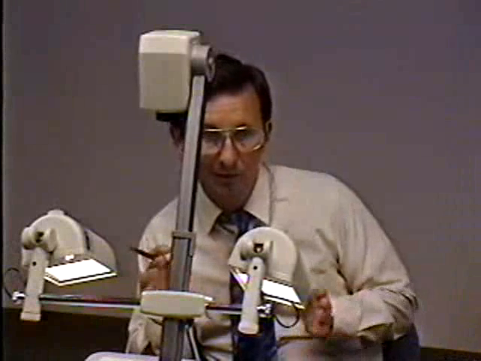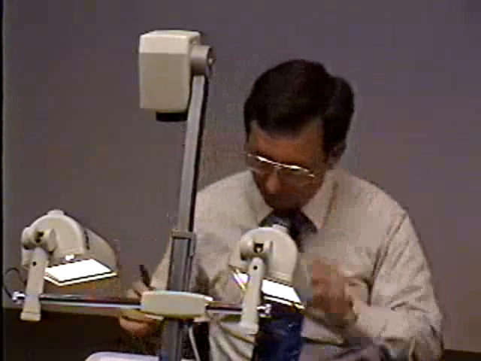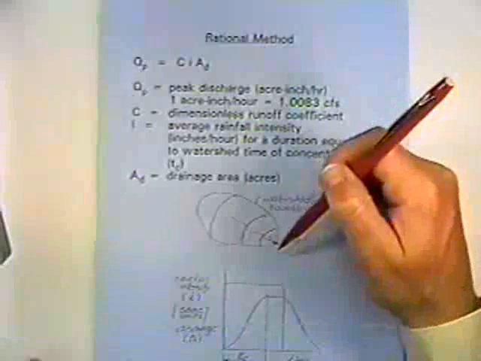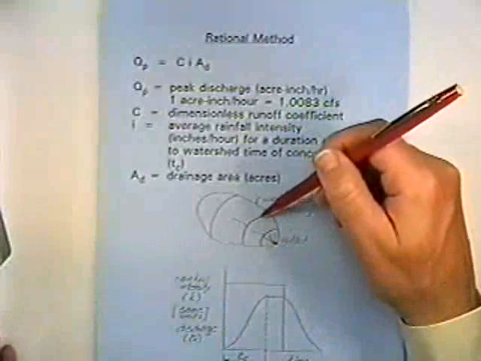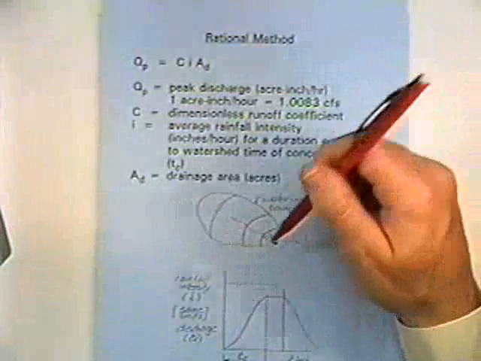What happens is, for a given recurrence interval, for a longer duration of time, the corresponding mean intensity is going to be less than for a shorter duration of time. And so the longer we make the duration for a given recurrence interval, the less the mean intensity is going to be. And so what we want to do, as we just argued here, is we want it to rain at least long enough for the entire watershed to contribute.